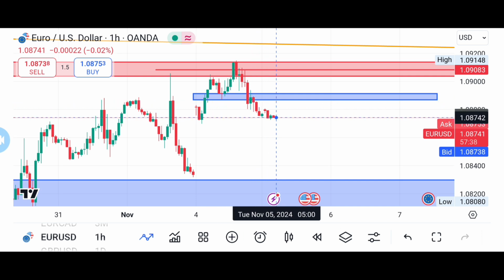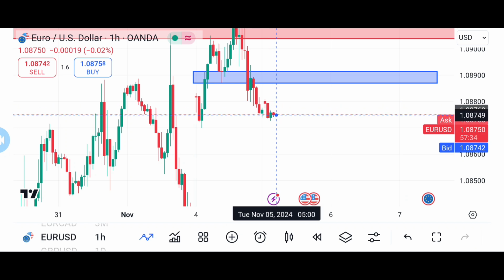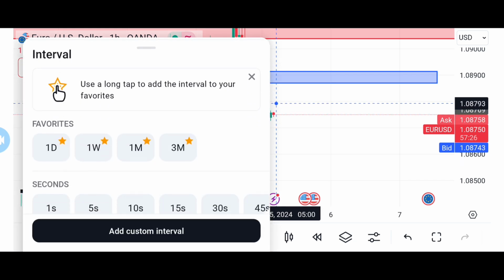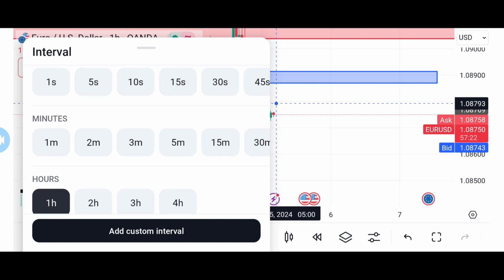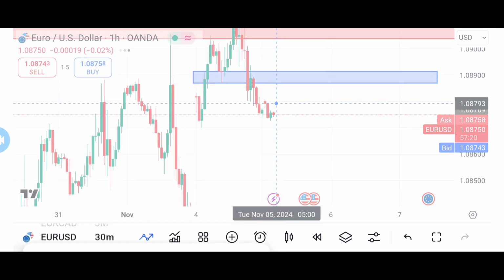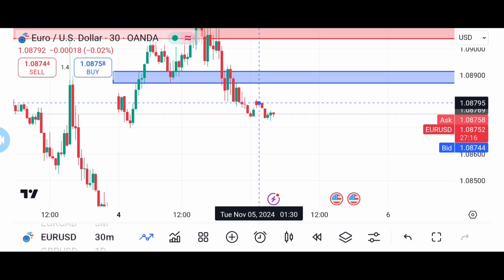So my plan is to sell this pair from where it is. I don't like to go below 1 hour because I'm a swing trader.